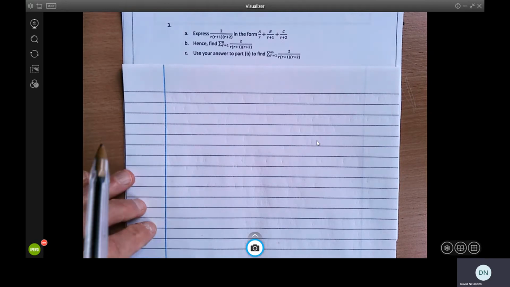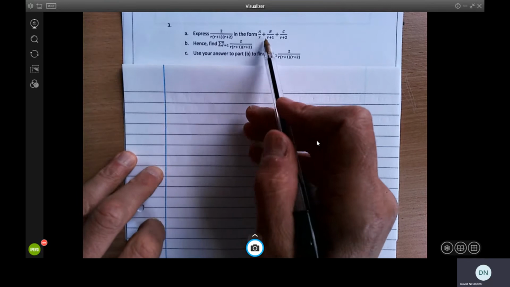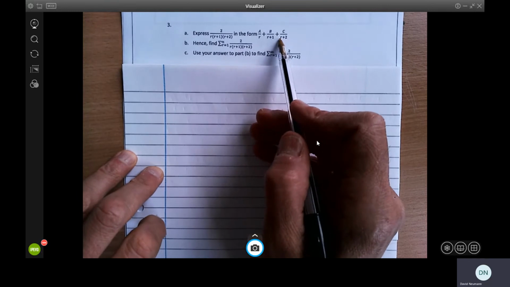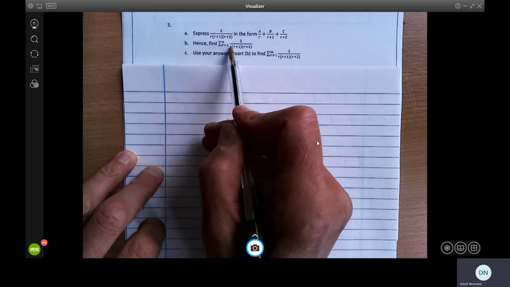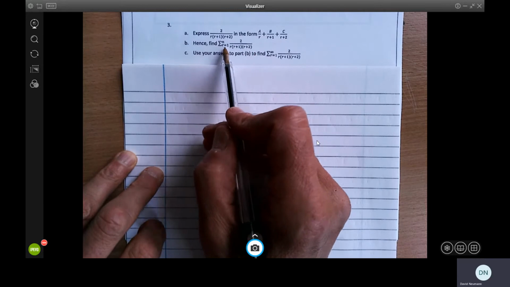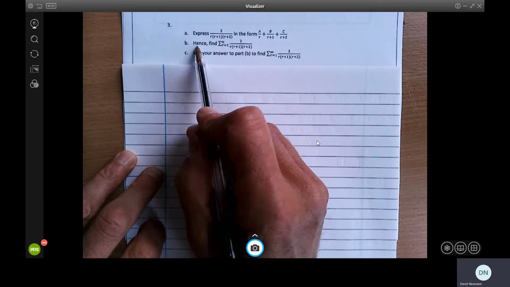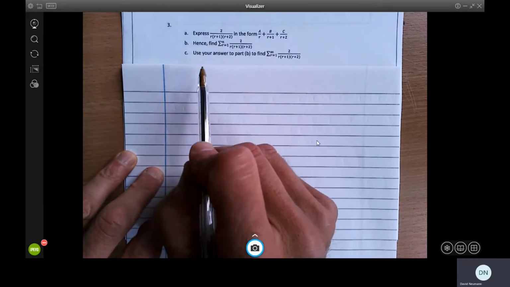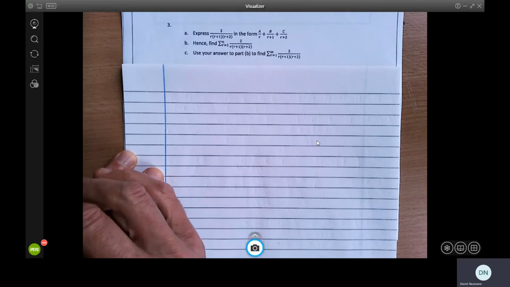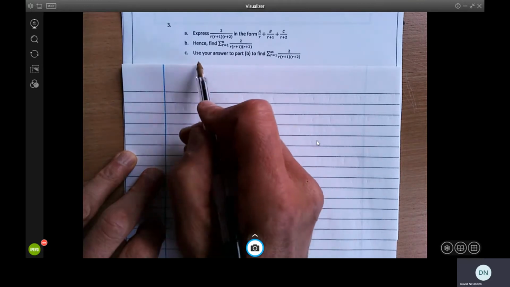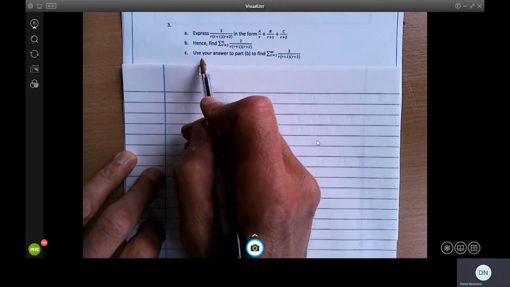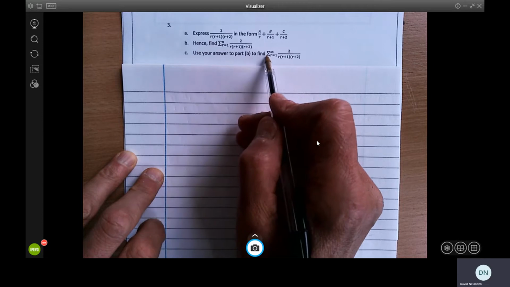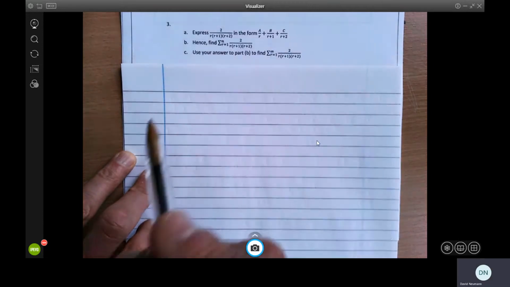Gives you the method. So first of all, we're going to express something in partial fractions form. Hence, we're going to find the sum of the series. It does say hence, so we need to use that. Sometimes you'll have hence or otherwise as an exam question. And then finally, we're going to use that to find a sum to infinity.